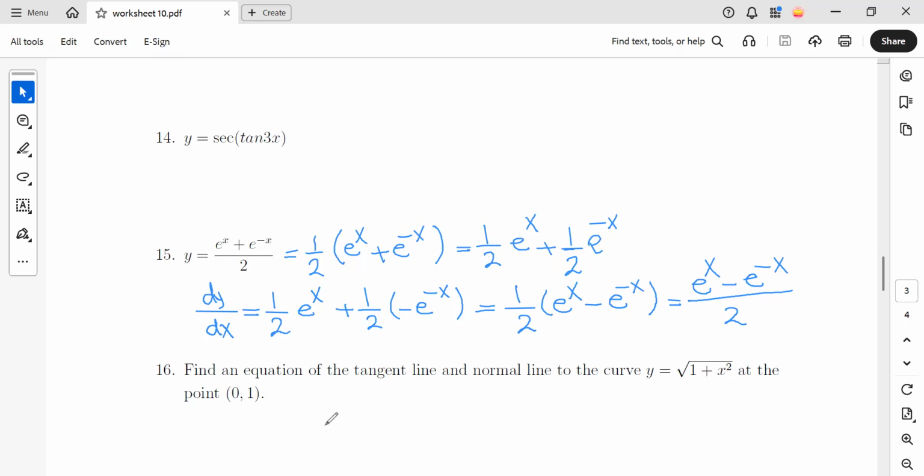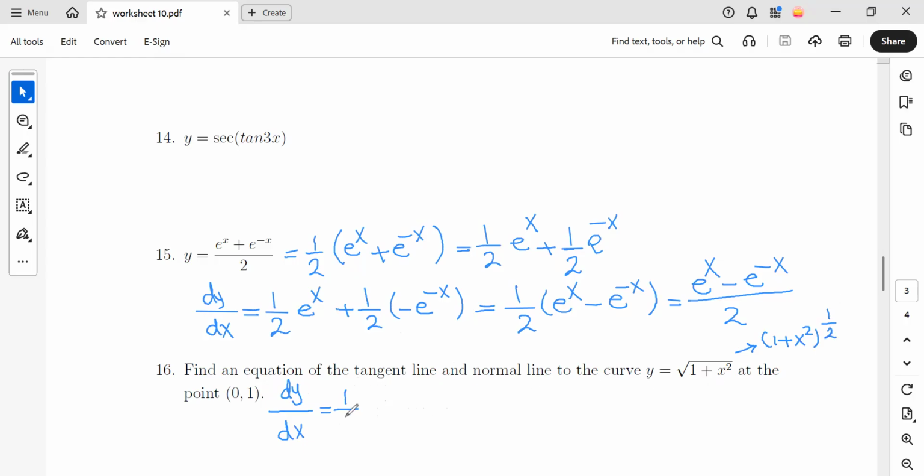Number 16, find an equation of the tangent line and normal line to the curve y equals square root of 1 plus x squared at the point (0, 1). So for taking the derivative, because we know that for writing the tangent line, we need a slope, and slope is the derivative. You can rewrite it as 1 plus x squared to the power 1 over 2 and treat it as a power function.